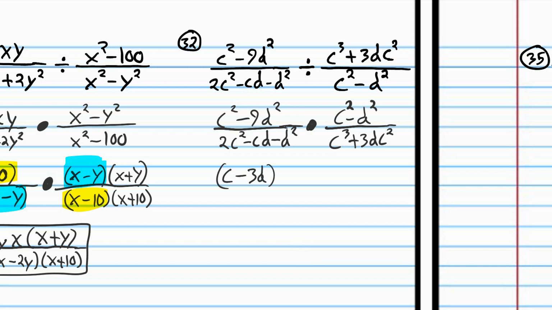We have the difference of 2 squares. We have a quadratic, but we have a coefficient on the first term, so you got to be careful. It's 2c times c, not just c times c. So what two numbers multiply to negative 1? There's only one option, positive 1 times negative 1. And factor the difference of 2 squares.